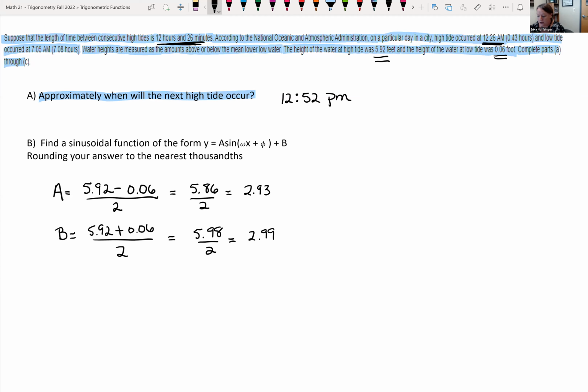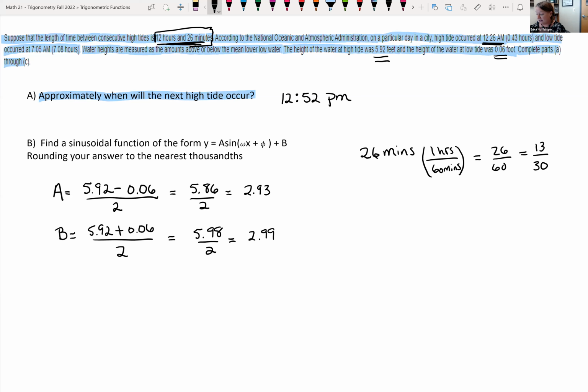Now we need to figure out what omega is. It tells us right here that the consecutive high tides are 12 hours and 26 minutes apart. So let's put that in terms of just hours. I want to convert 26 minutes into hours. I know that there are 60 minutes in 1 hour, so let's multiply that by 1 hour over 60 minutes. This is equal to 26 over 60, which reduces to 13 over 30.